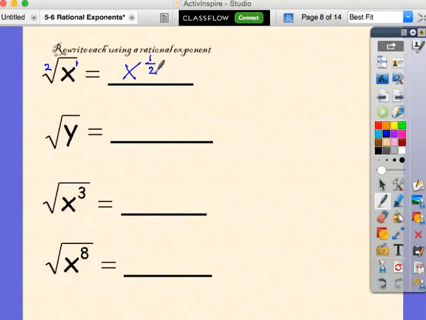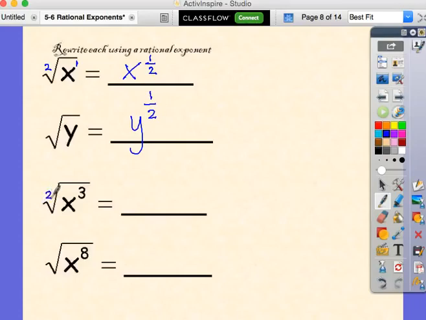Okay, try the next one. Okay, so how would you rewrite square root of y? Y to the 1/2 power. Good. Okay. How about the square root of x to the 3rd power?